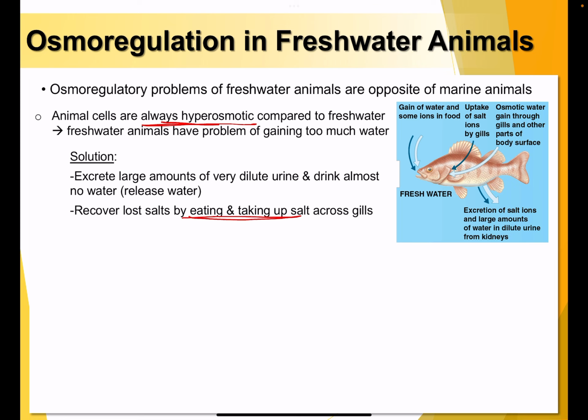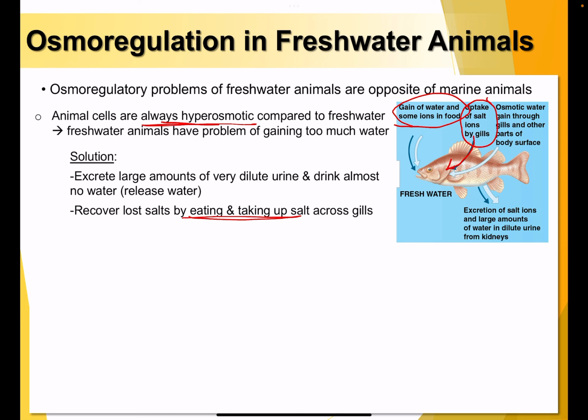So just like what this picture is saying, you have gain of water and some ions within the food that they eat. They're not drinking, but they still have some water going into their body because they have to breathe. We already talked about how fish breathe in the water, and also the food that they eat, and they gulp down some water along with it. Then the uptake of salt ions is made possible by the gills.